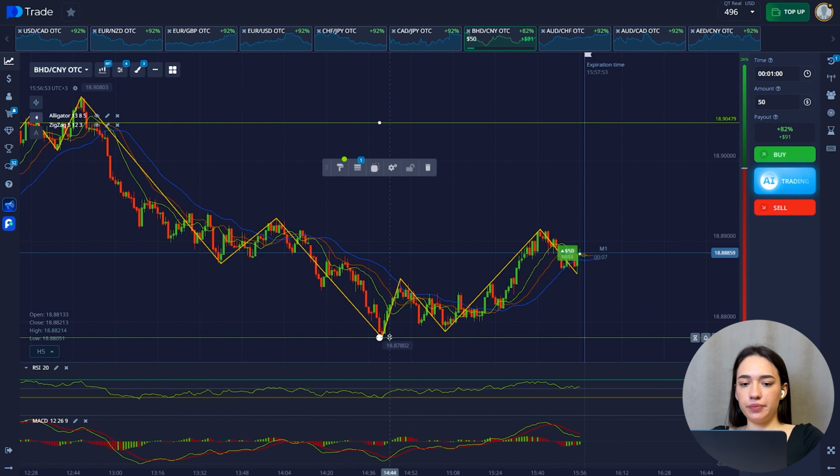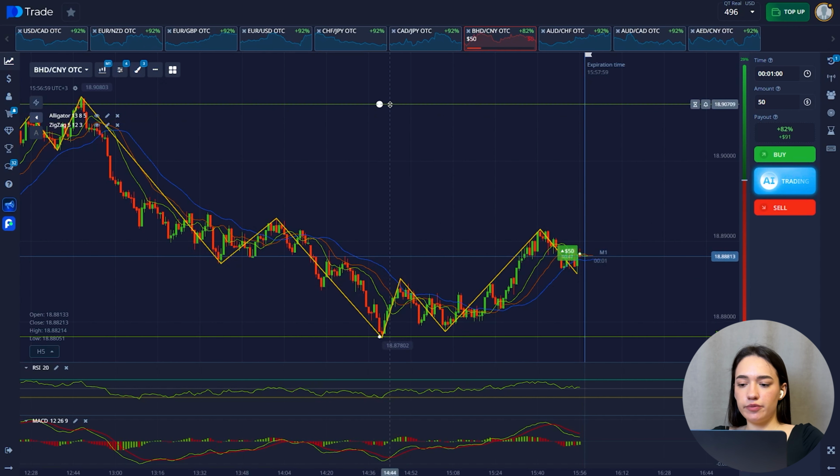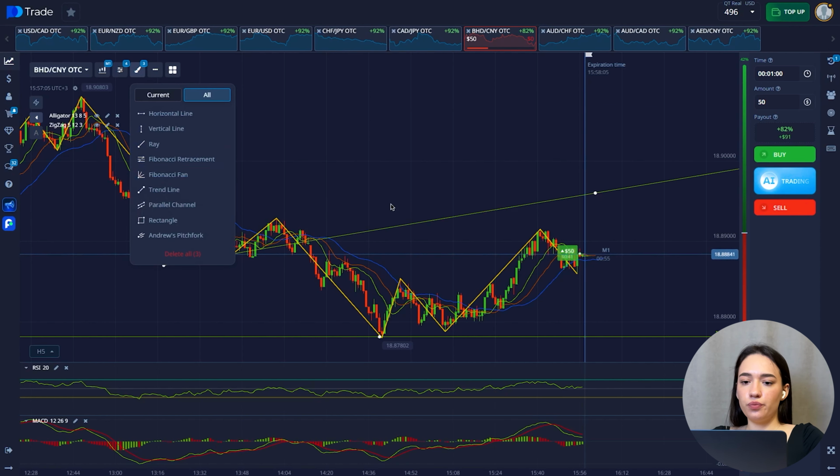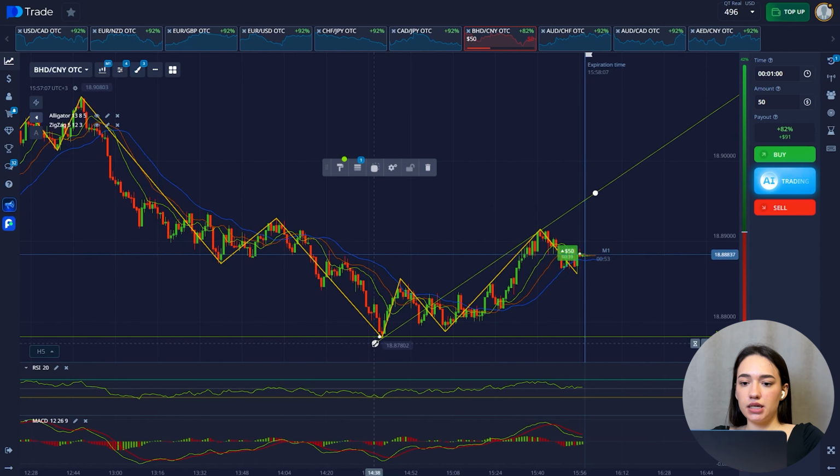Here we draw a horizontal line, and you see that the global low has been updated, and previously the trend had a downward character. After this low was updated, we can see the potential for new dynamics.